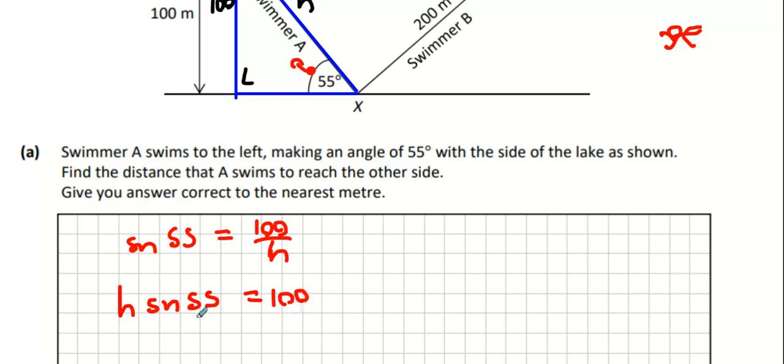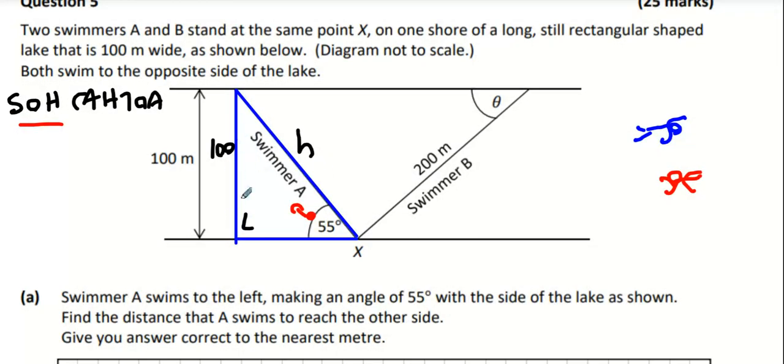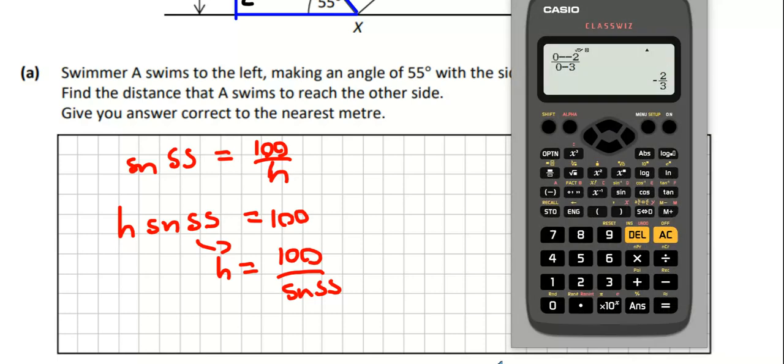The sine 55 is multiplication on the left, which will make it division on the right. Now remember, if you're predicting an answer for this question, your answer has to be bigger than 100, because the diagonal is always going to be bigger than 100. So you're going to do 100 divided by sine 55.